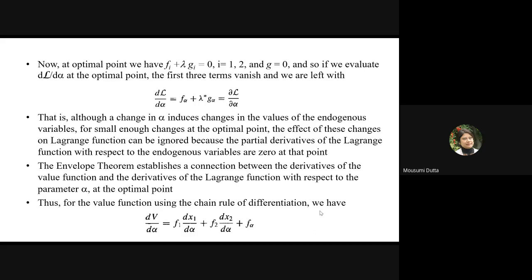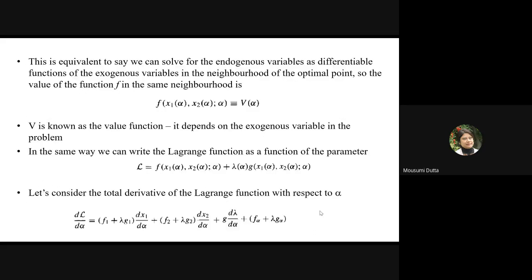Okay, so what we could do, at optimum, we could set this equal to 0, this equal to 0, and g is equal to 0. Though dx1 by d alpha is not 0 and dx2 by d alpha is not 0, at optimum we got f1 plus lambda g1 and f2 plus lambda g2.